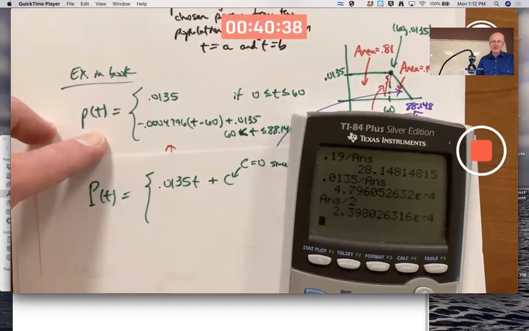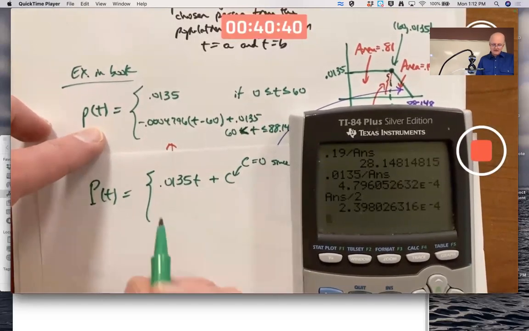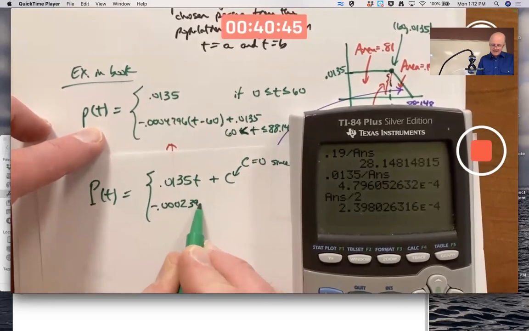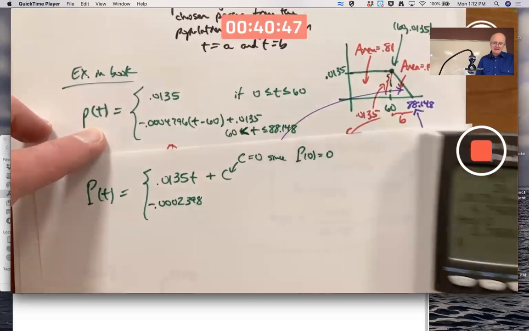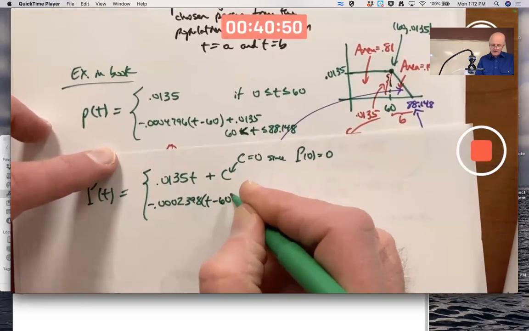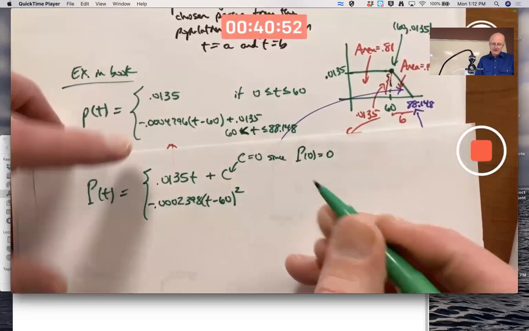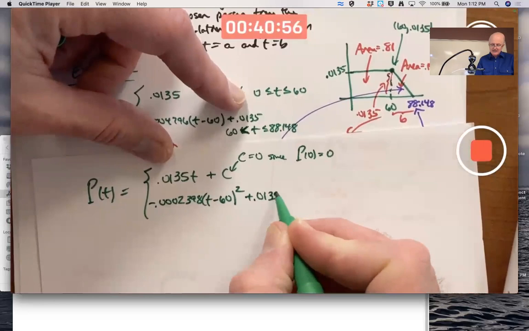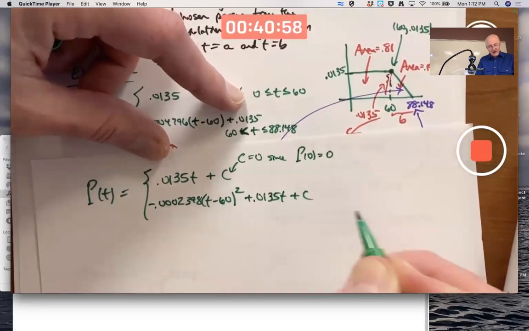Keep the negative sign there. Negative 0.0002398, and then I'll have a w squared, which means it's t minus 60 quantity squared. Integrate 0.0135, I'll get 0.0135 t plus c as well.